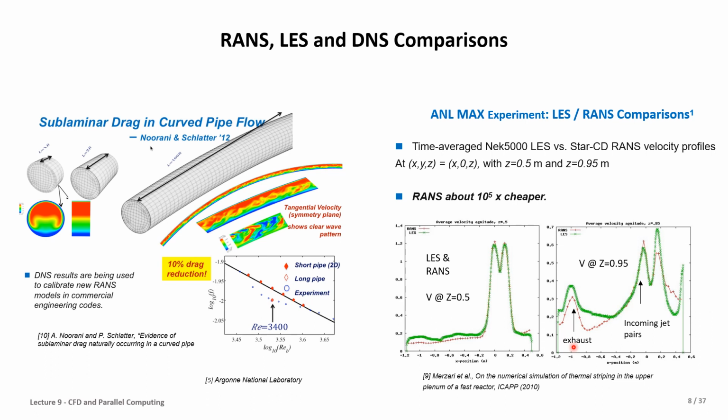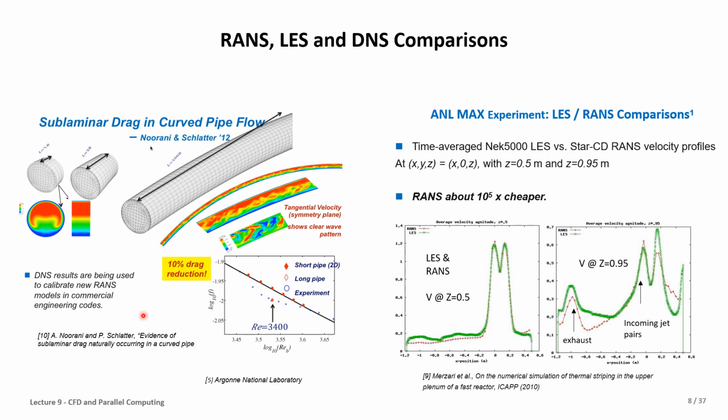Another example here is the DNS solution and RANS for sublaminar drag in curved pipe flow, which shows that when they use RANS with higher turbulence, it gives a 10% drag reduction, which is not correct.